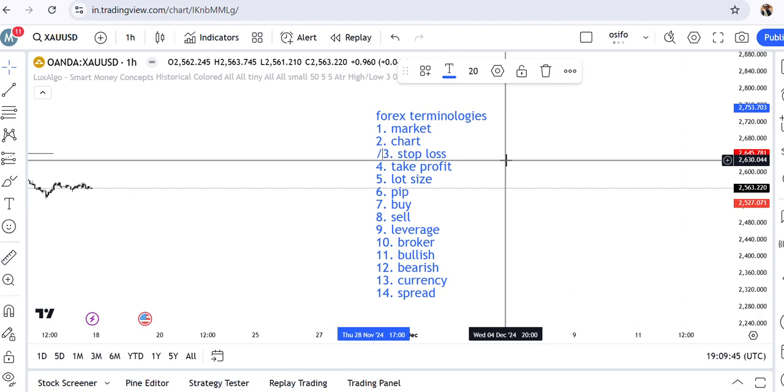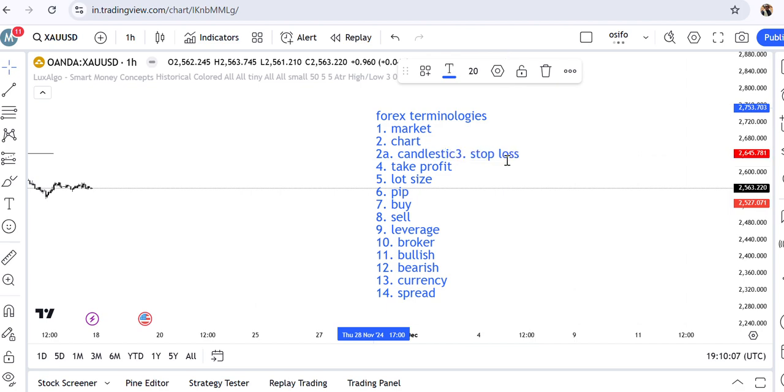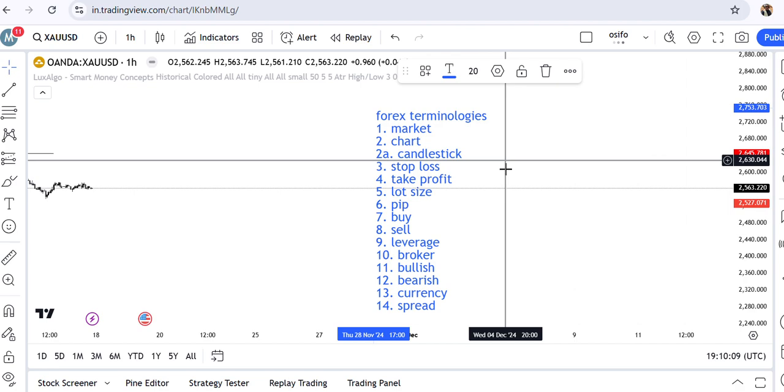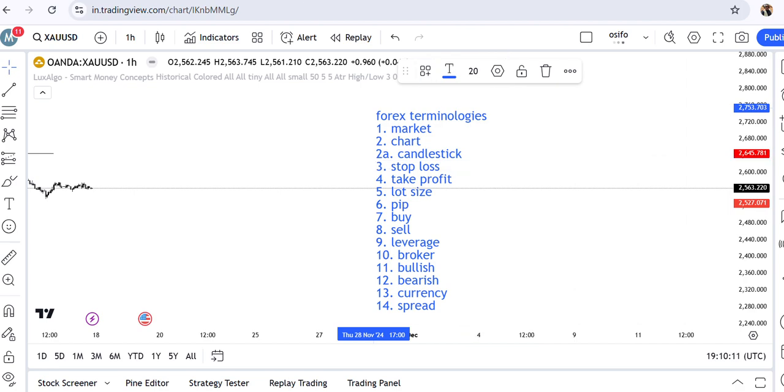You can also add this in your notes. I forgot to add it.